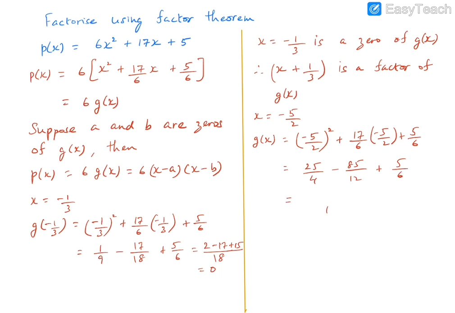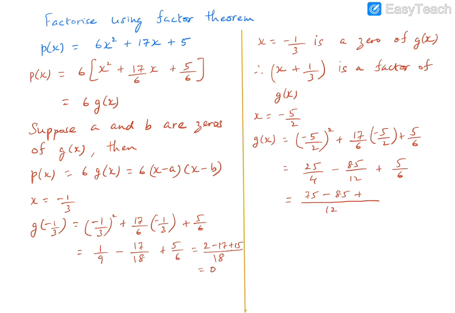So the LCM in this case is clearly going to be 12. So the LCM of 4, 12 and 6 is 12. So 4 goes into 12 3 times. 3 into 25 is 75. Minus 12 goes into 12 one time. 1 into 85 is 85. And 6 goes into 12 2 times.